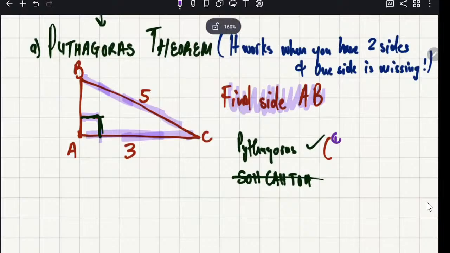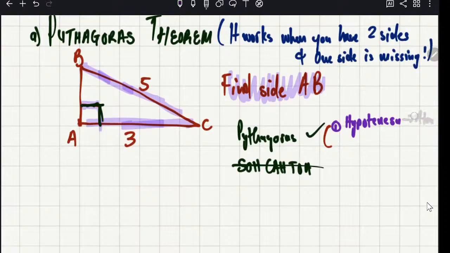Number one is make sure hypotenuse is alone. Hypotenuse should be alone. Okay? This is the Pythagoras theorem. Write it for those who want to write Pythagoras theorem. Hypotenuse should be alone. That's number one.